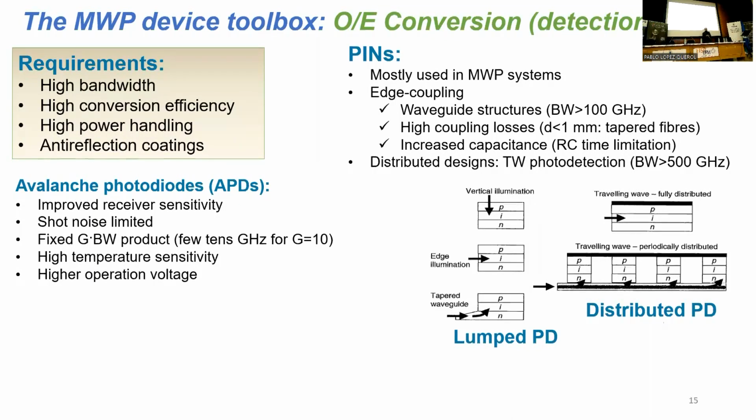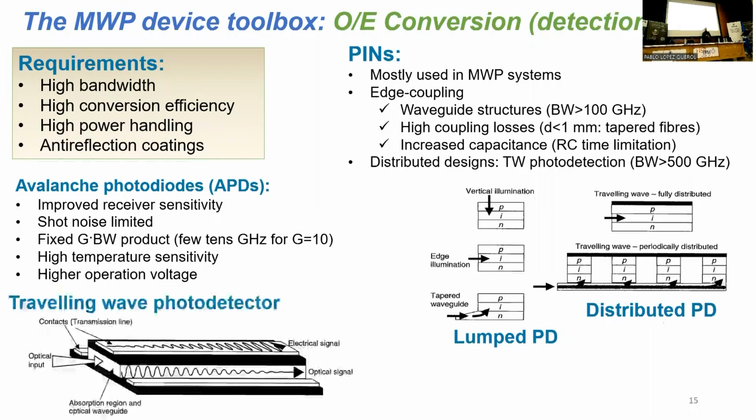And right now, the most interesting option is the traveling wave photodetector, where if you are able to match the velocity of light propagation and the velocity of the RF signal that you're generating, you have maximum bandwidth. And furthermore, if you restrict the operation to only one type of carrier, we call it a UTC device, then you suppress long delay times from half of the carriers, and then your bandwidth is expanded.